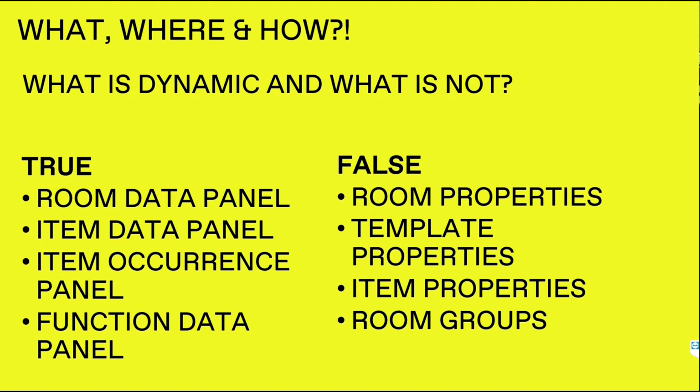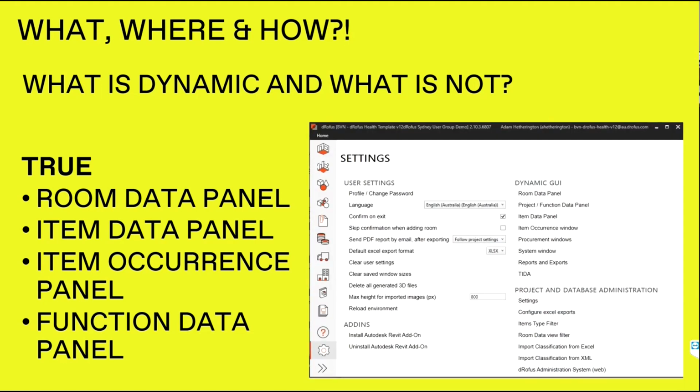So the what, where, and how of dynamic and what is not dynamic. The room data panel, item occurrence panel, and function data panel are the dynamic areas of the dRofus client and interface. The things that are not dynamic are the properties, template properties, and item properties.